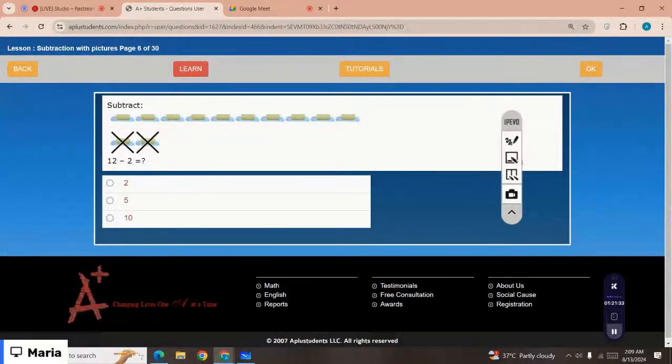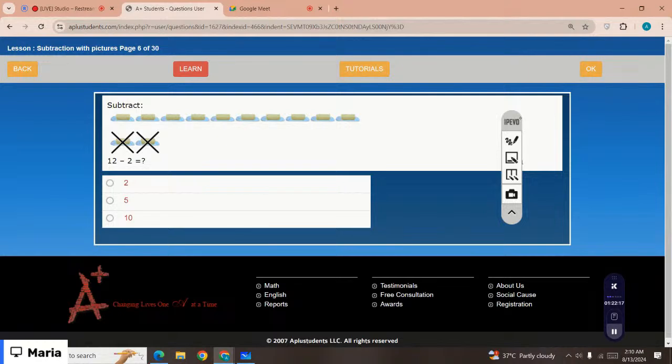The next one is 12 take away 2, which is the correct option. The correct option is 10. 12 take away 2 is 10.